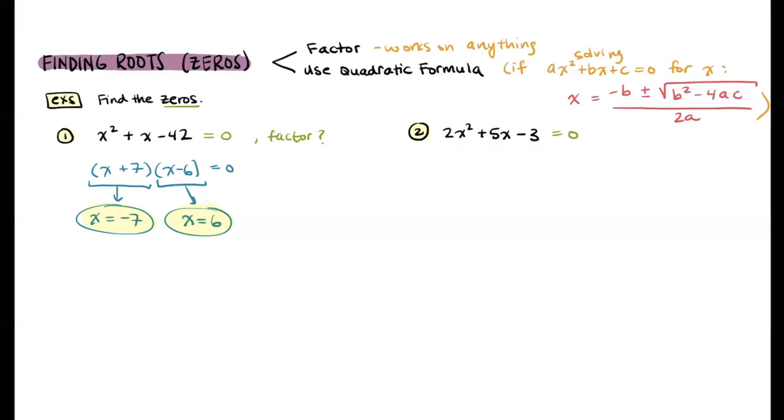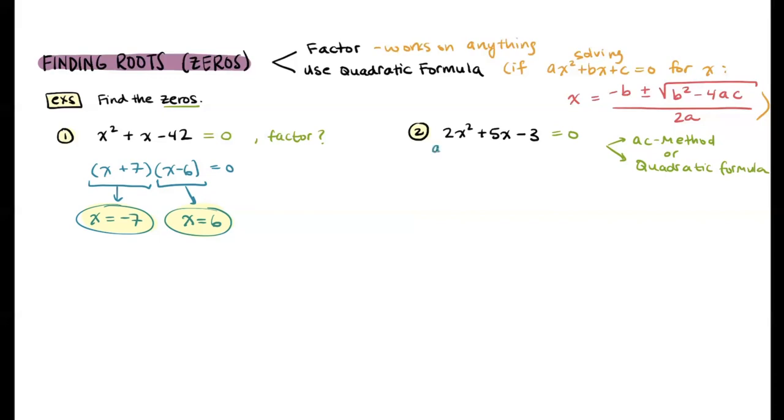So as an option, you can use the AC method, or you can use the quadratic formula. All right, so the quadratic formula: we've got to figure out what A, B, and C are.